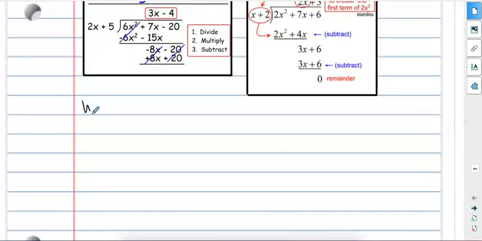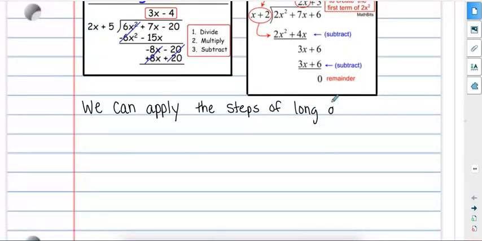We can apply the steps of long division to divide polynomials.